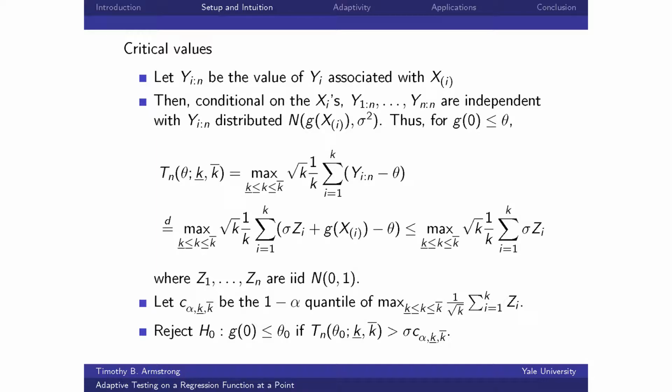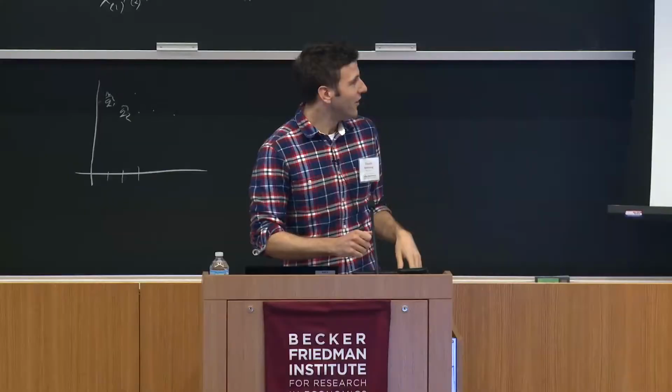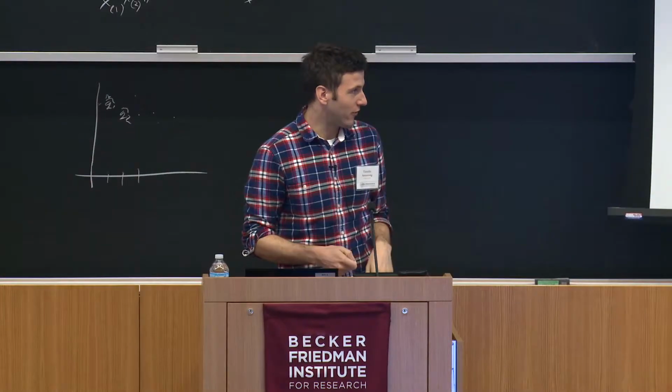And so we can just, as the least favorable critical value, use sigma times the distribution of the maximum of these normalized sample means of normal 0, 1 variables. And that's something that we can actually table. It's just a distribution that depends on k lower bar and k upper bar.